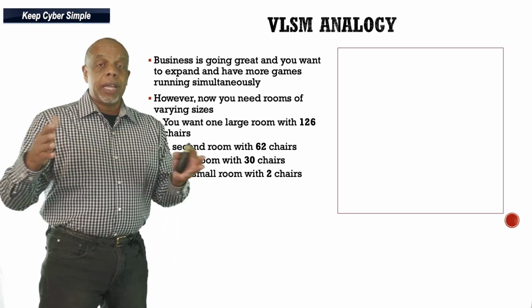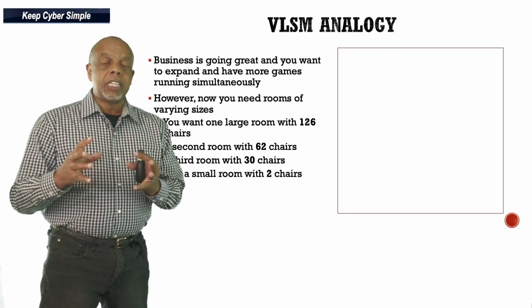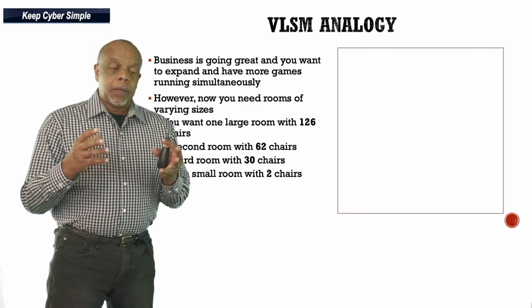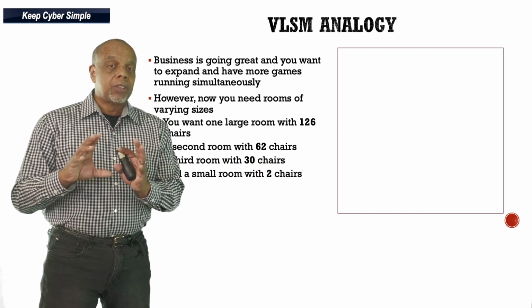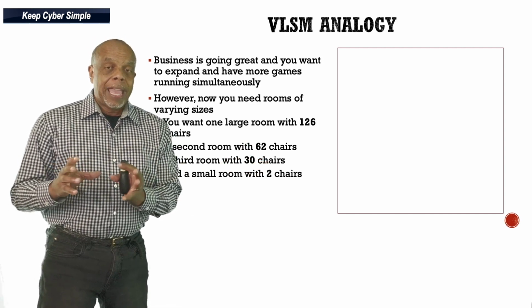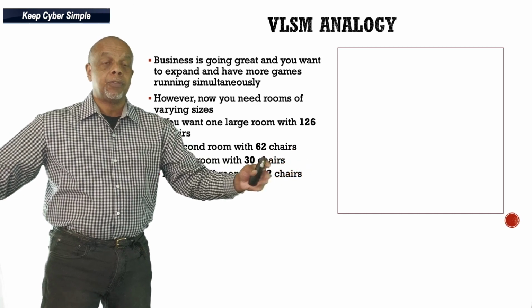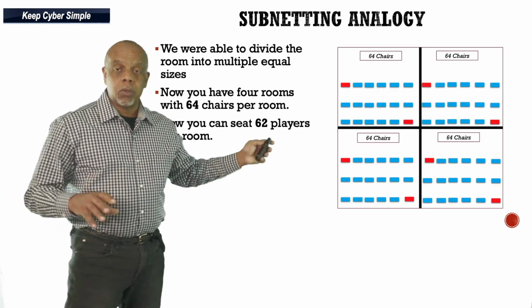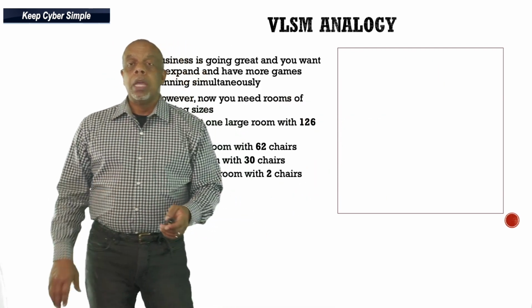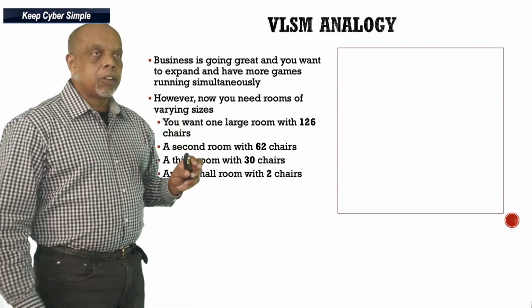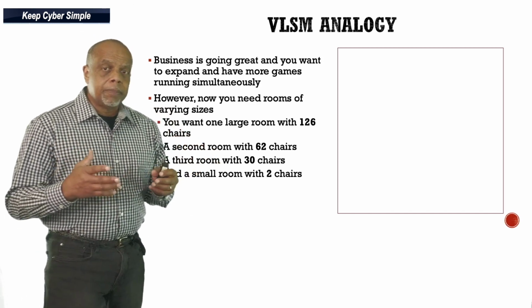So you see, if you divide your room up equally, you're wasting space because the one room where everybody wants to play, you can't get enough people in there. And then the other rooms, the $1,000 cards, you only got a handful of people in there, but you got this whole big room of 64, right? So now you see that you would have a waste of space and not good utilization of space. So now this is where variable length subnetting comes in.